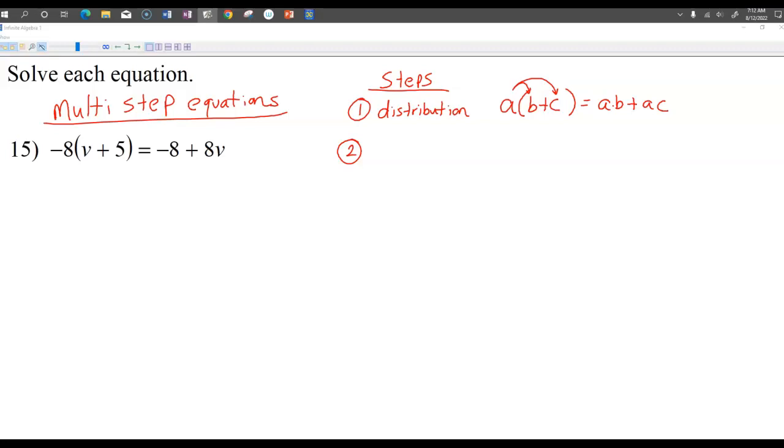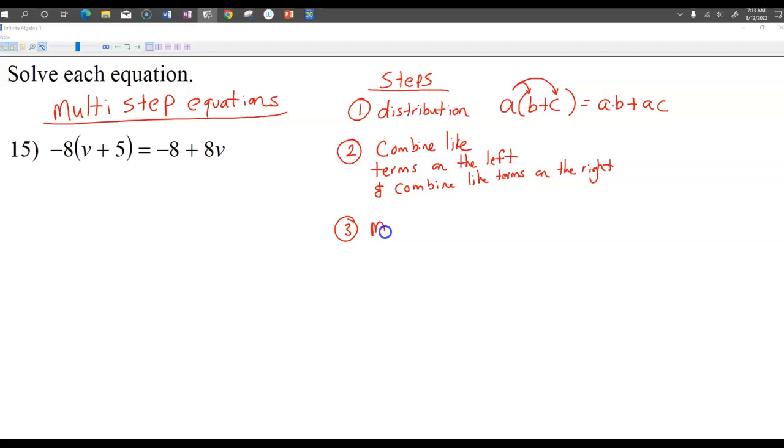You're going to combine any like terms if possible. After that, you're going to move the smaller variable.